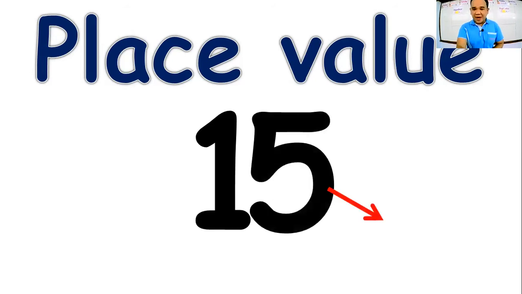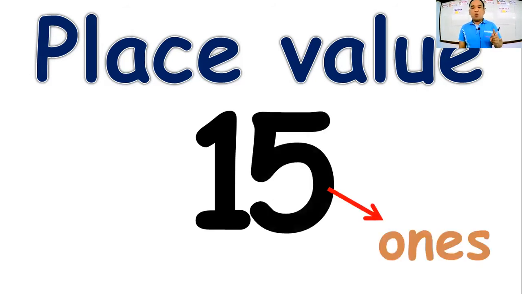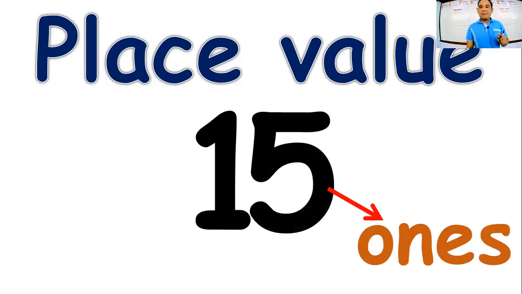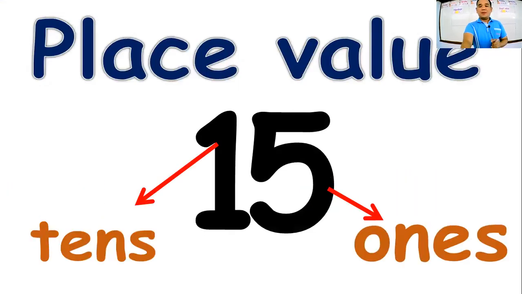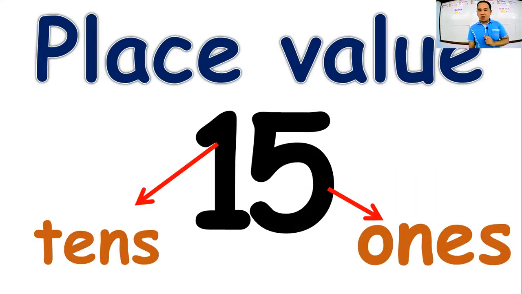Number 5 is our ones, and number 1 is our tens. So that is place value.